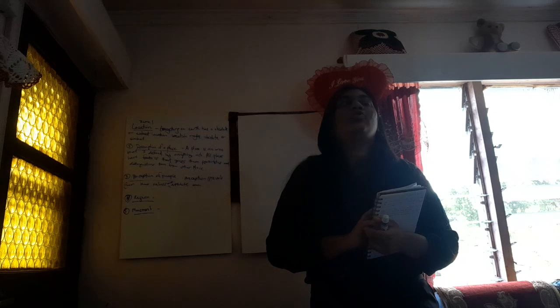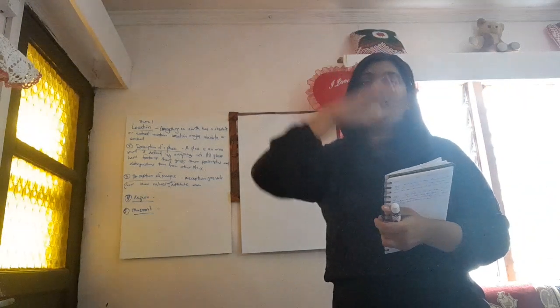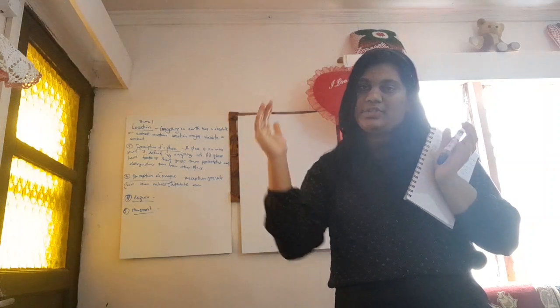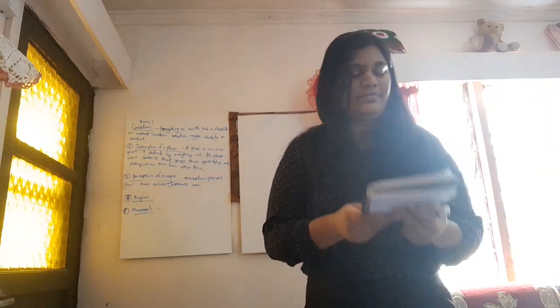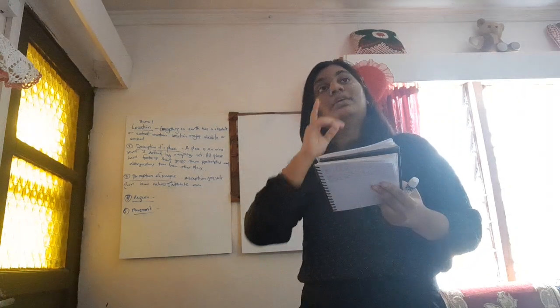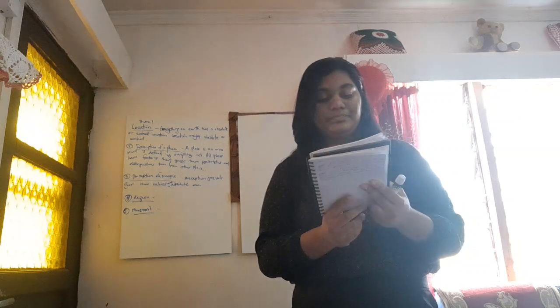It is called an oblate, where it is flat on the poles and bulged out on the equator at the sides. It's an oblate form, right? And this form is what affects our climate.